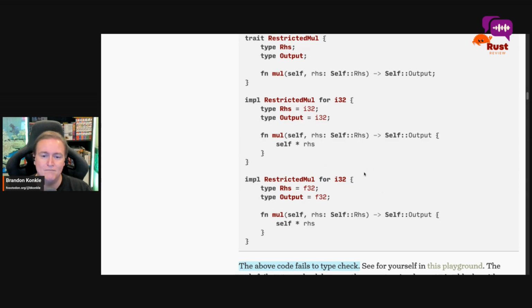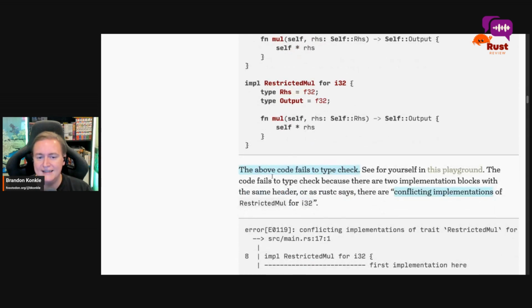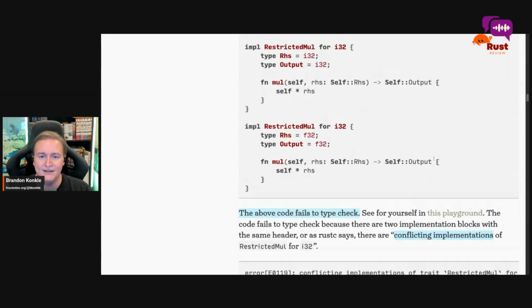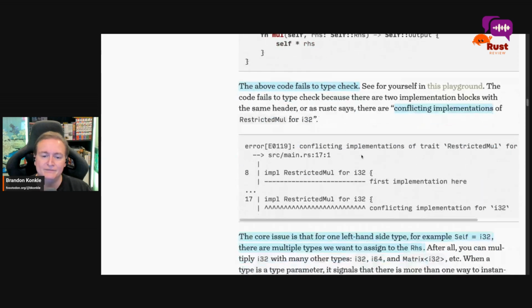This makes sense. But as he points out, it won't compile. It fails to compile because there are conflicting implementations. If you look, it's implementing restricted mul for i32 twice. Even though the associated types are different, Rust doesn't know which implementation to pick based on what you're doing.